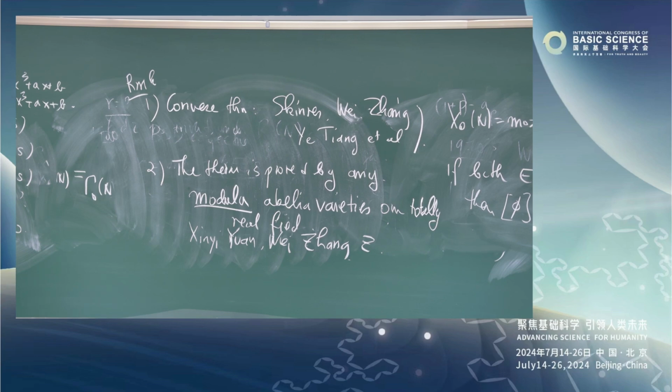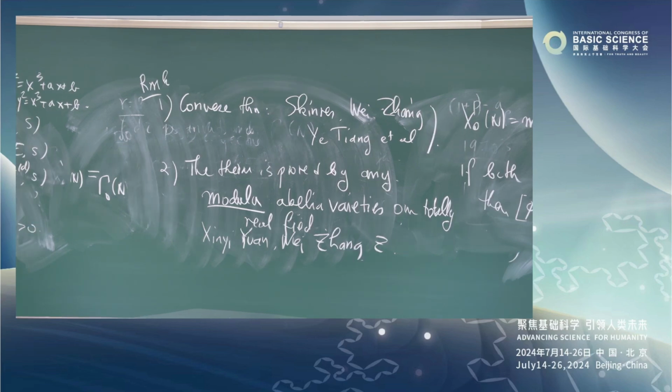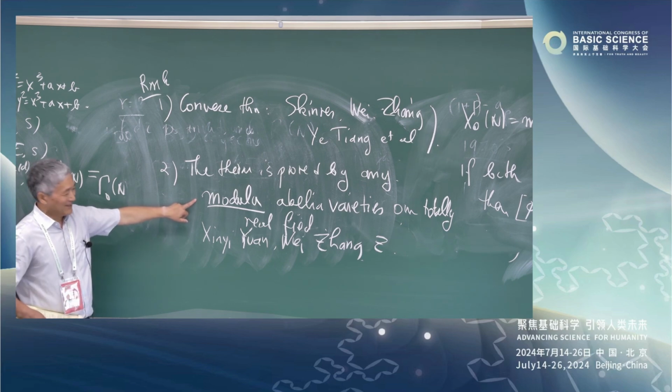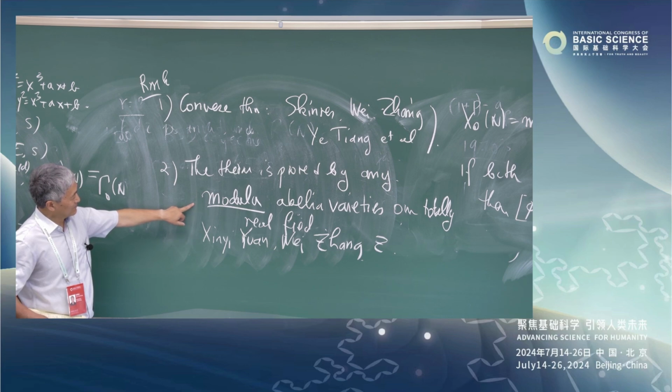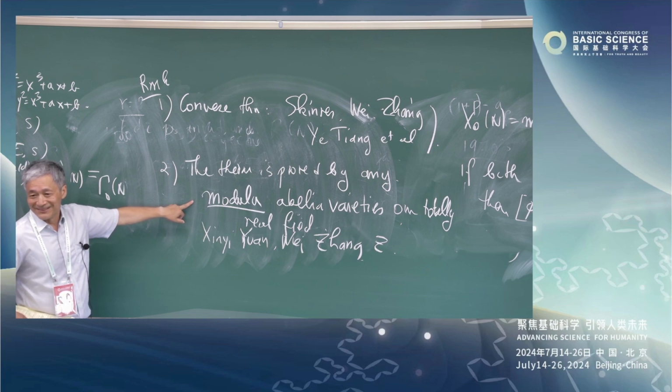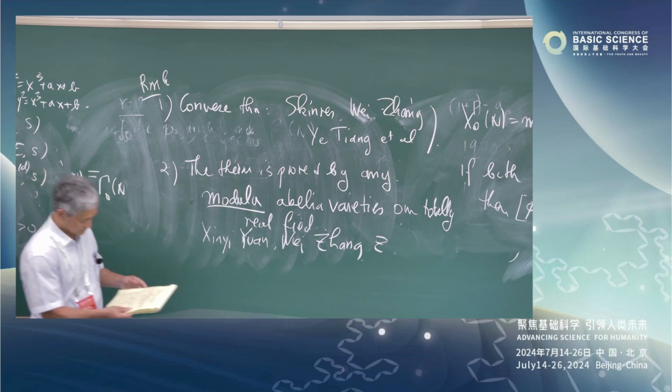If you listen to the end of the lecture, you see modularity is a very important assumption here. So we proved the theorem, but this is by no means the easiest thing, because Taylor and other people showed the potential modularity for such a geometry type. The most urgent thing right now is trying to show that they are really modular. In this case, we can apply the theorem to much more general situations.